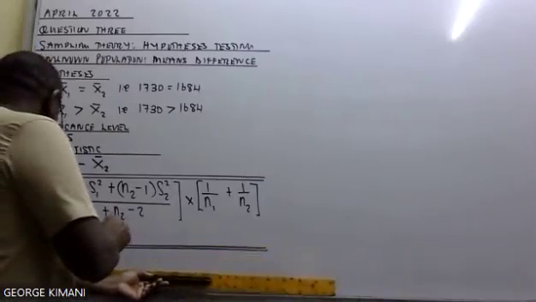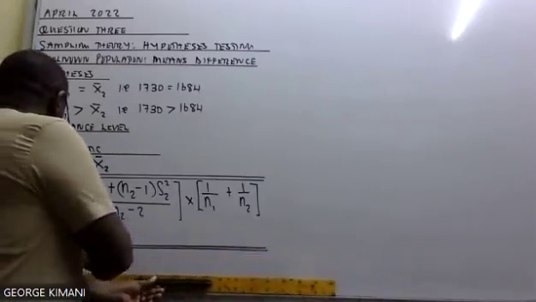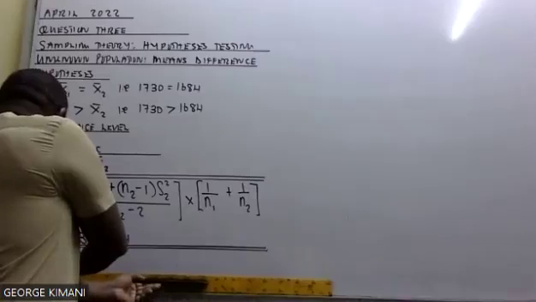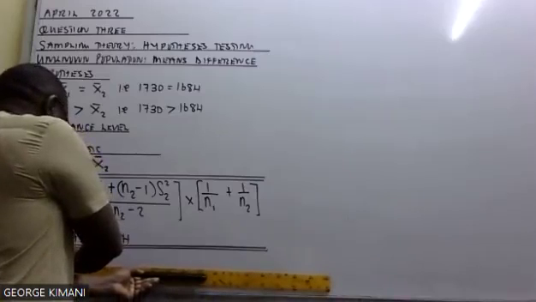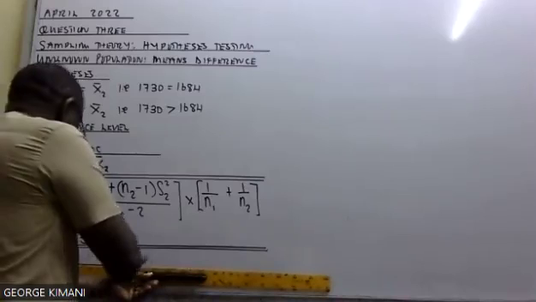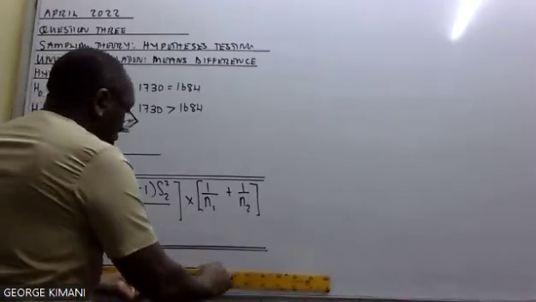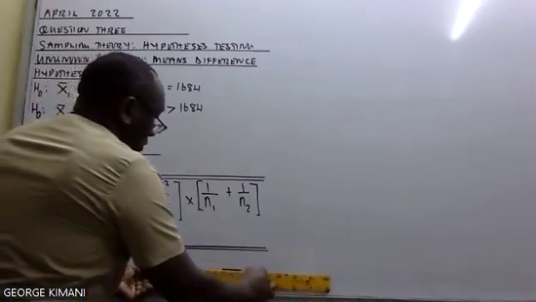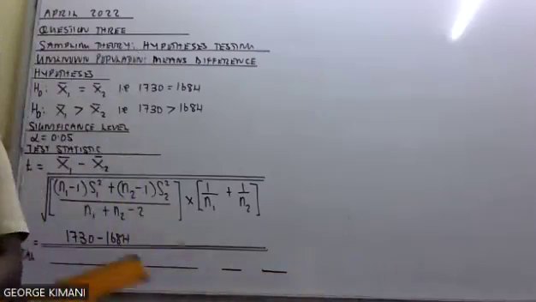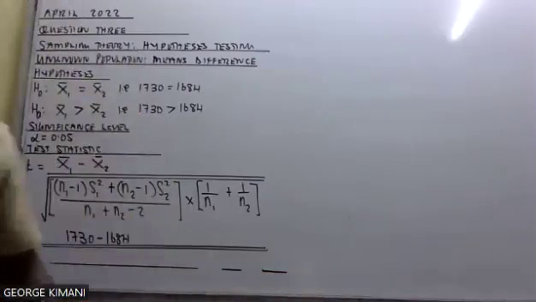Now here, we are supposed to divide by n1. n1 is 200.